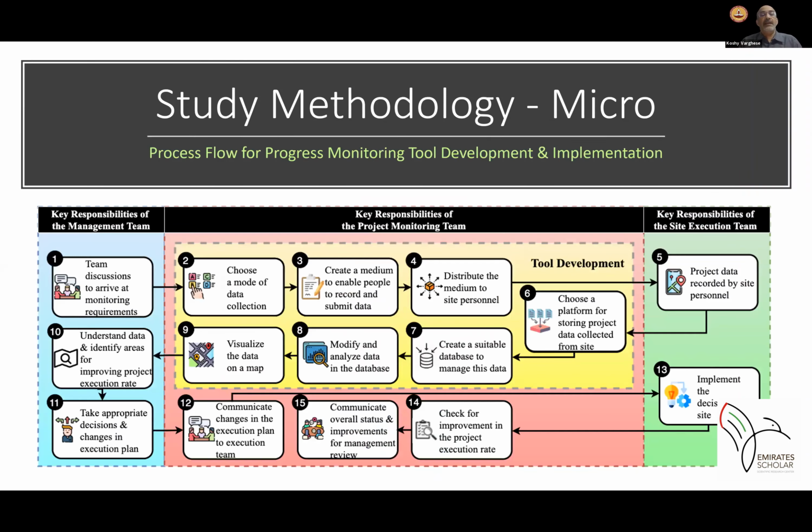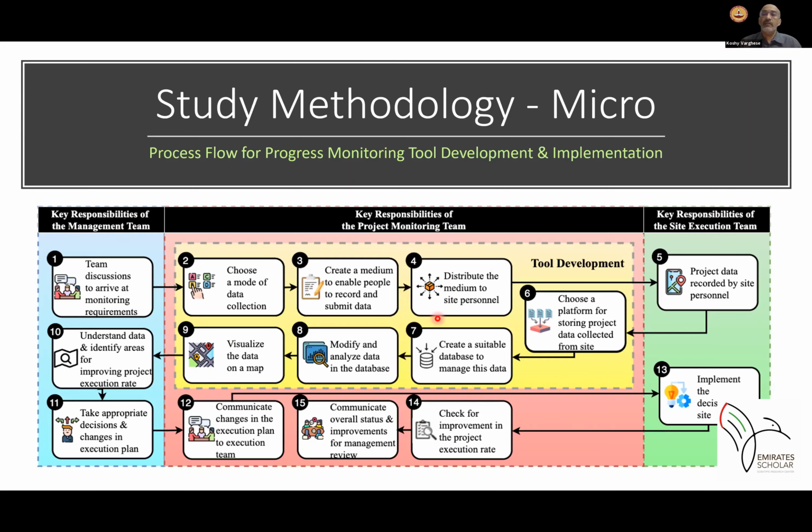If I look at the slide, we have the management team here, the monitoring team, and the execution team. The management team gives inputs to the monitoring team for what they would be looking for as output. The monitoring team has a double or a triple role, I would say. In addition to actually doing monitoring the traditional way, they are instrumental in the development of this tool.